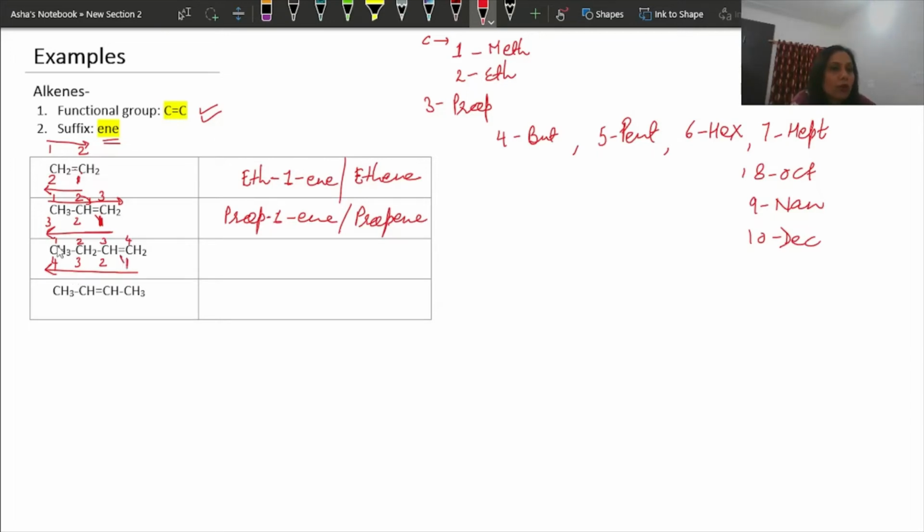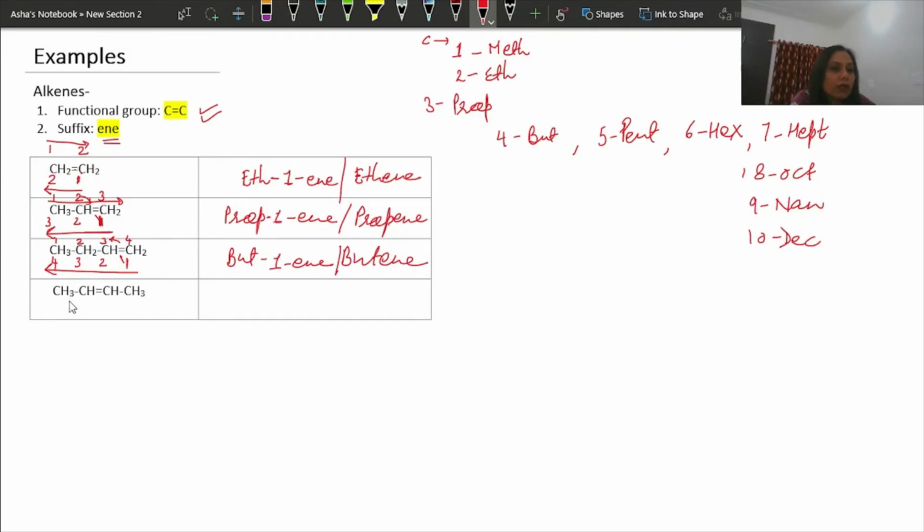When you are doing the counting from the front, the double bond is coming with the third carbon. So obviously we are going to take the backward counting. Total number of carbon atoms is 4, so we will write but-1-ene, because the double bond is coming with the first carbon.